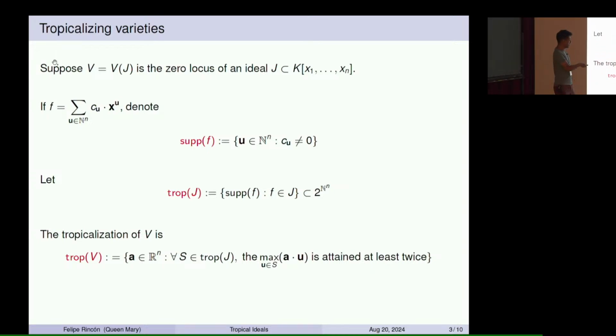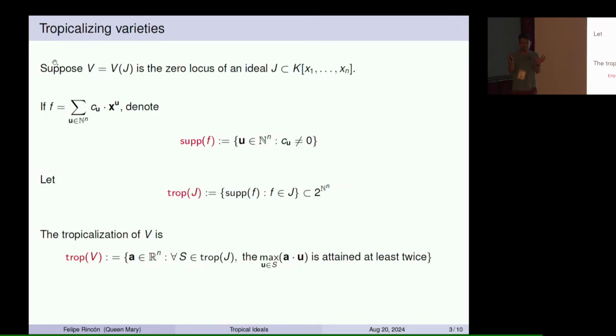So the tropicalization of the ideal is going to be a collection of subsets of N^n. Each of these is a finite subset of the n-dimensional lattice N^n, and then you have a bunch of those.